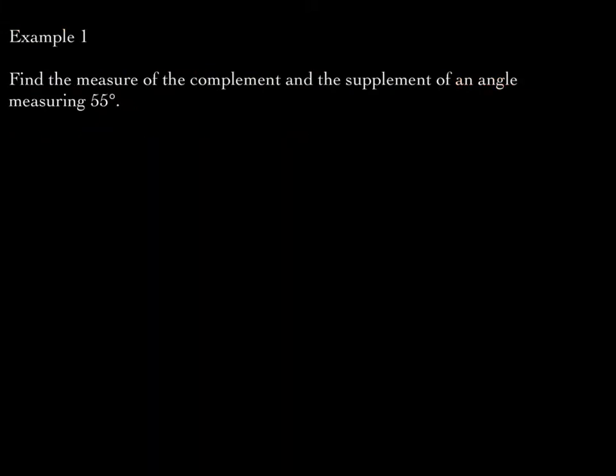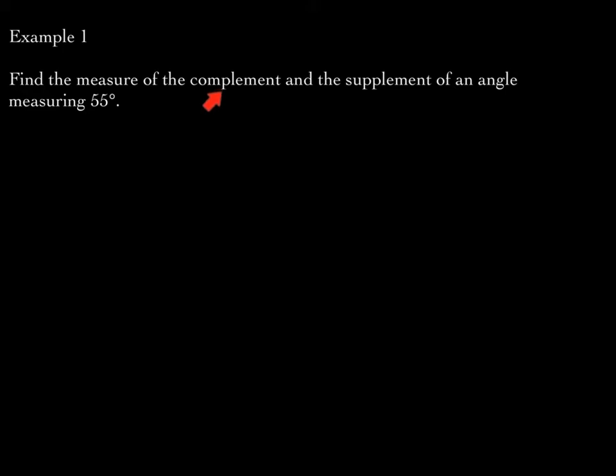All right, we've reached our first example. Find the measure of the complement and the supplement of an angle measuring 55 degrees. Now, if we have an angle measuring 55 degrees and we want to find the complement, that must mean we want to find the angle such that when I add it to 55 degrees, I get 90 degrees, right?